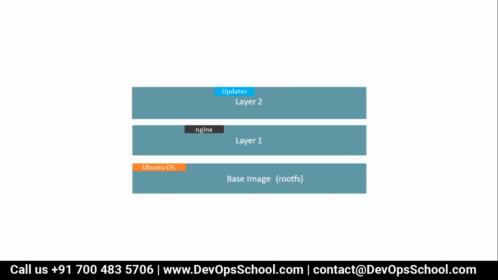Root file system, not a boot file system. The boot file system you have only in the host machine. Then in subsequent layers, you will find different kinds of software. For example, here you have Nginx software in layer 1. When I say Nginx, that means only the files and directories of Nginx will be in layer 1. Now the Ubuntu update files will be written in layer 2.